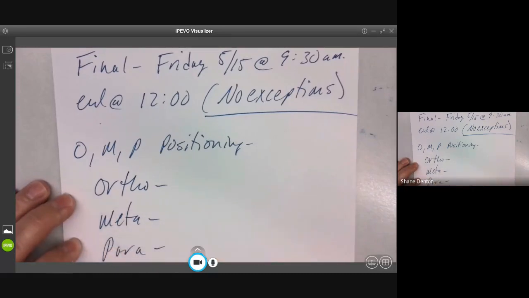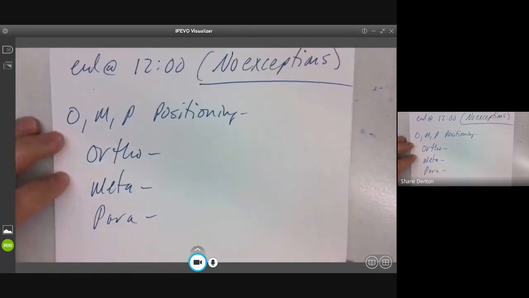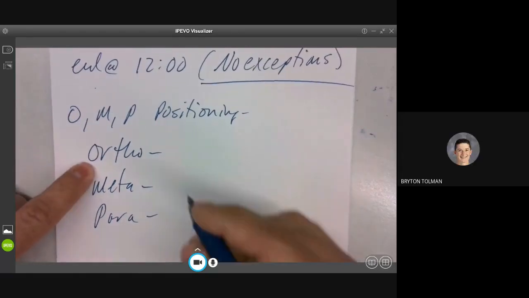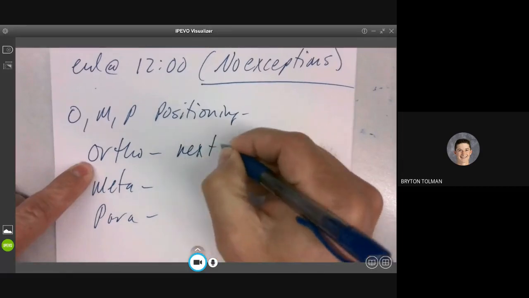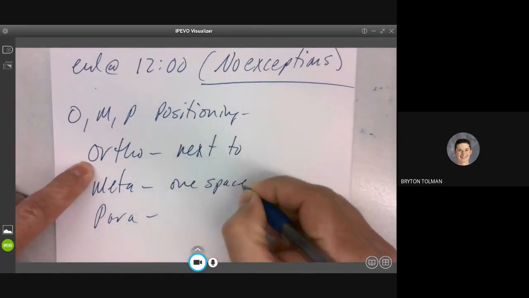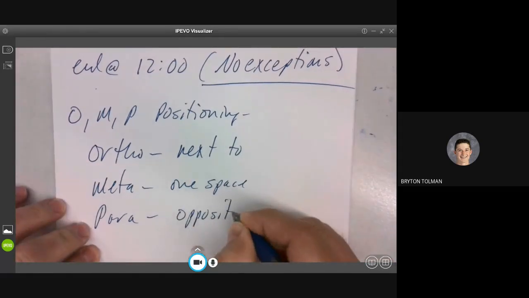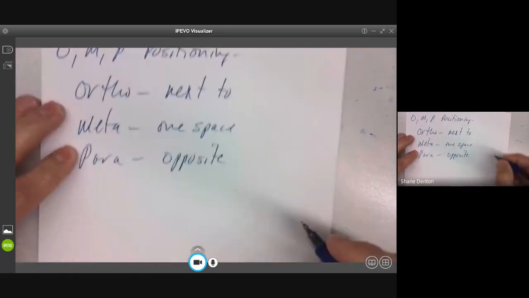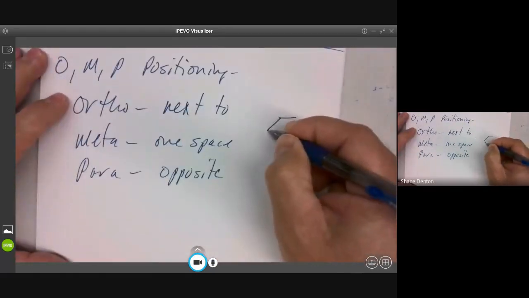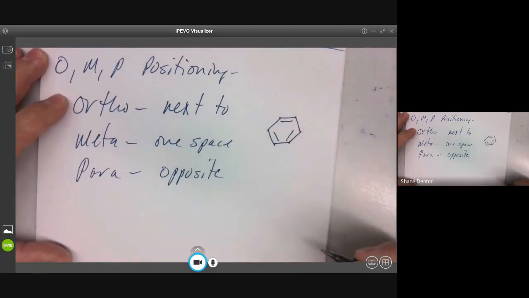Was that Tolman? Yes. What do they mean? And remember, ortho is next to meta, which is one space apart, and para is exactly opposite. Right, and that's all with reference to where it is on the benzene ring, right?